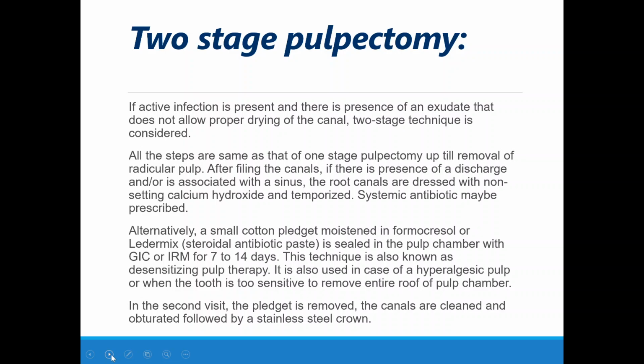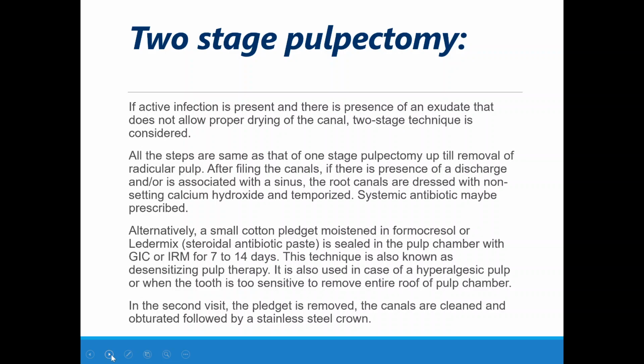All steps are the same as in one-stage pulpectomy up to removal of radicular pulp. After cleaning the canals, if there is discharge or an associated sinus, the canals are dressed with non-setting calcium hydroxide and temporized, and systemic antibiotics may be prescribed. Why is it possible? Because we have a sinus, and exudate will go out through the sinus.